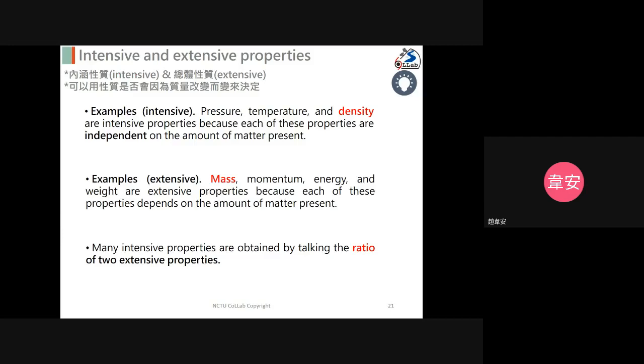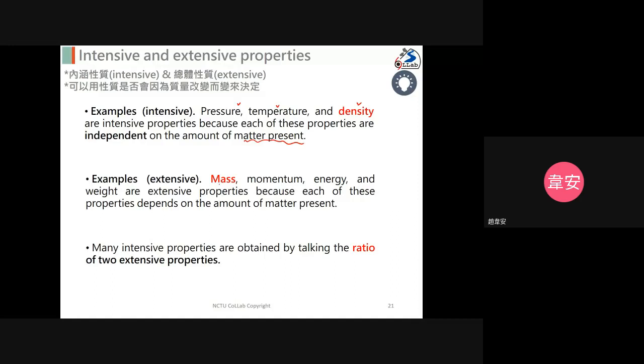Usually intensive properties are such as pressure, temperature, and density, which are the properties independent of the amount of matter present.